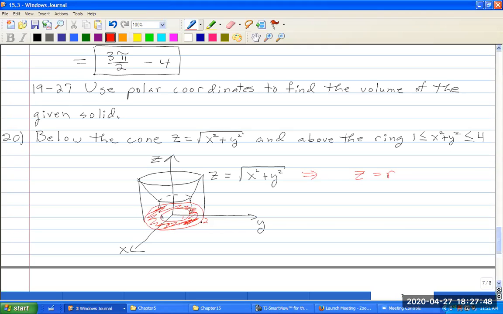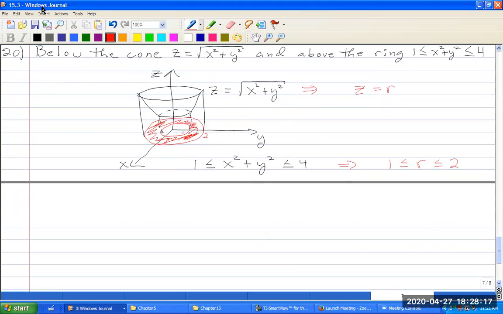And the ring at the bottom, 1 less than x squared plus y squared, which is less than 4, is the same as r being between 1 and 2. Okay, so let's find the volume.